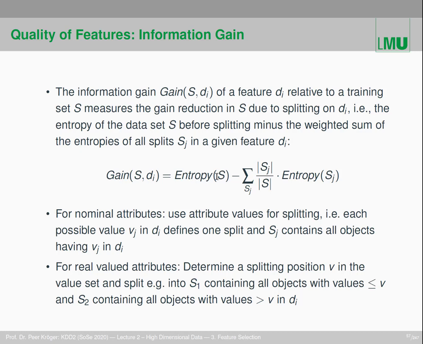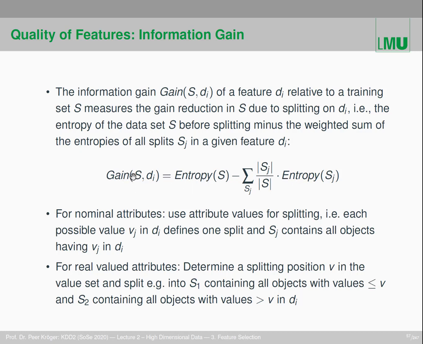Yeah, and well, how should that look like? Well, in the best case, the entropy before is 1. In the best case, all the entropies after the split are 0. So the whole sum is 0. So you have 1 minus 0 is 1. So the higher the value of the gain, the better the splits are.